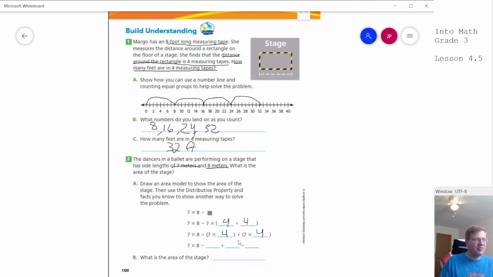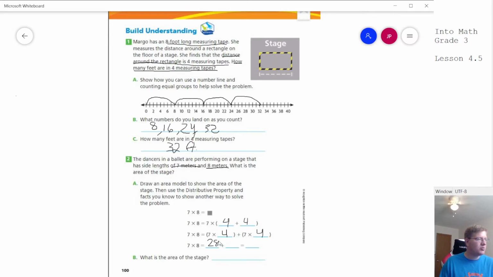If we get comfortable with working on our facts for 4s, I would recommend doing this. Otherwise, I might recommend something a little different, like we could start with 7 times 5 instead, and then we could go ahead and do what we did yesterday, where we would continue to add 7s to that. But if you know your multiplication facts for 7 times 4, we can go ahead and use that to help us, and we can double.